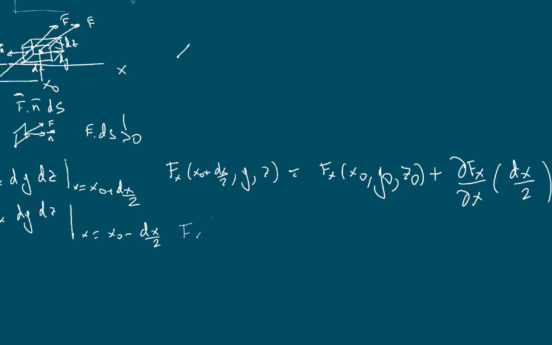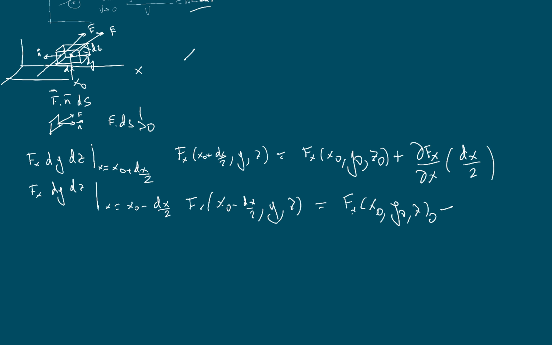Same thing for f_x at the point x0 minus dx divided by 2, comma y, comma z. It will be the value of the component at the point x0, y0, z0, minus the change in the component of the vector field multiplied by dx divided by 2.